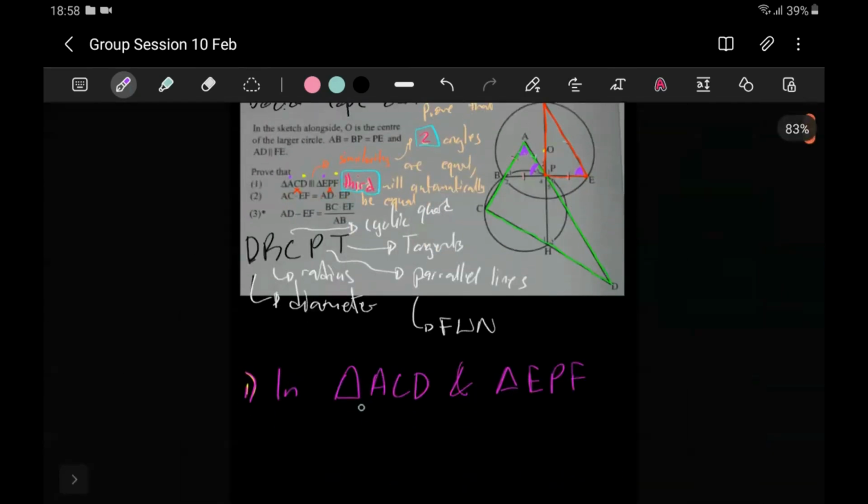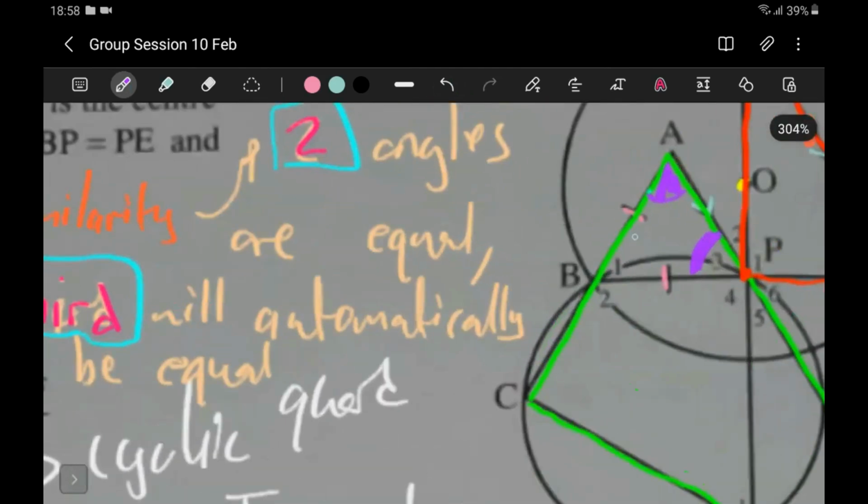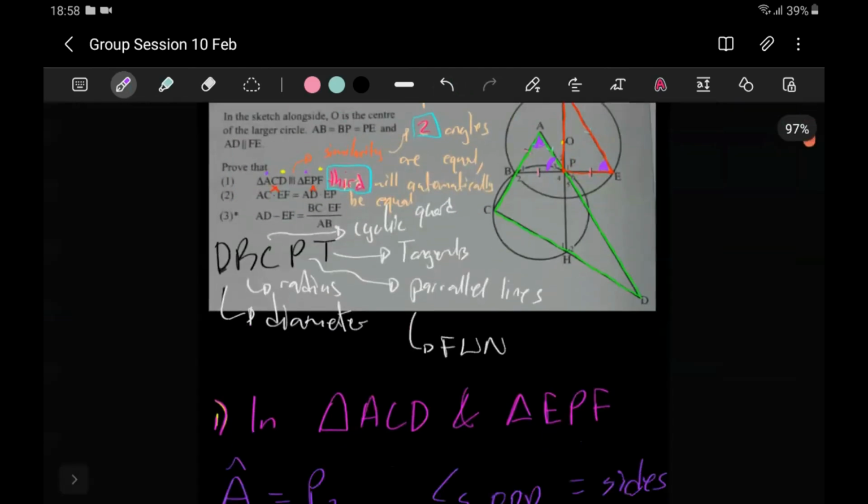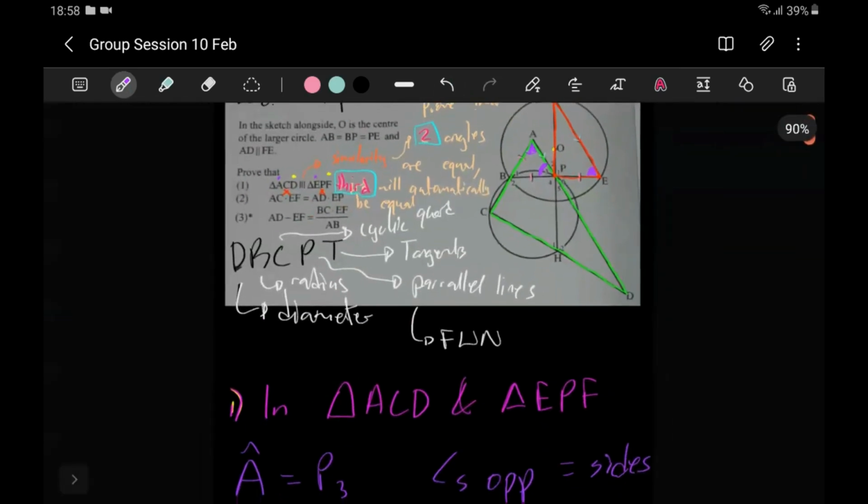So the first thing is we've shown that A here is equal to E. No, we haven't yet. We're just getting there now. So let's firstly say angle A is equal to P3. The reason is angles opposite equal sides. And the equal sides we're talking about, they already gave it to us. You see, they told us, so we can immediately start writing out our reasons.